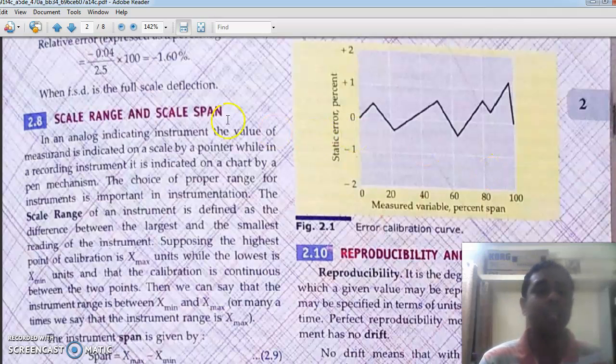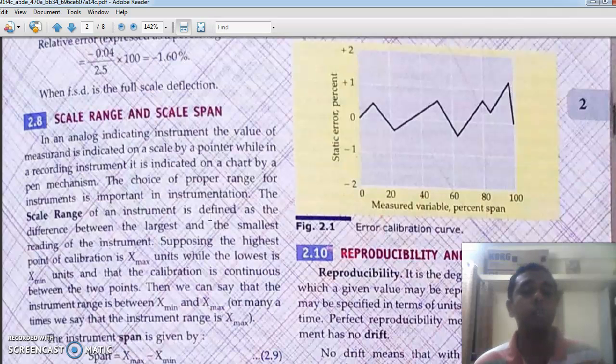Then scale range and scale span are also very simple to understand, because when we take an instrument, obviously it has a minimum value and a maximum value. Suppose an ammeter has a range from 0 to 100, then of course the minimum value is 0 amps and the maximum that can be read through that ammeter is 100 amps.